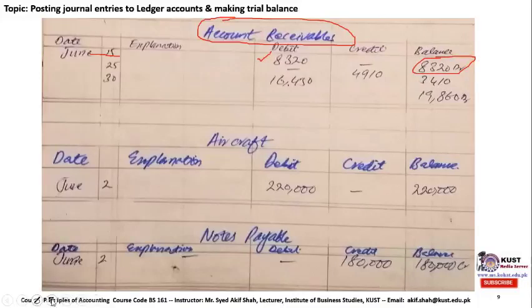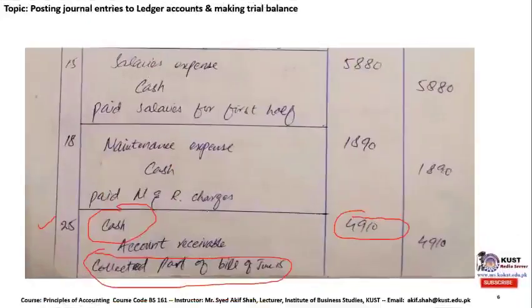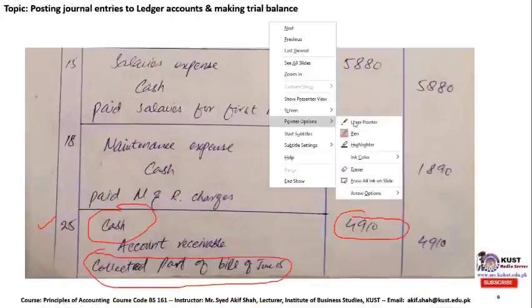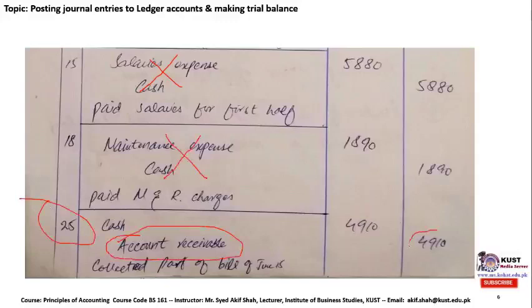Let's go back and further analyze whether there are certain account receivable related entries. So let's try to find our next entry. Is there June 15? No. Maintenance and cash? No account receivable. Cash and account receivable? Yes. On June 25, we have a credit value in the account receivable in the journal.